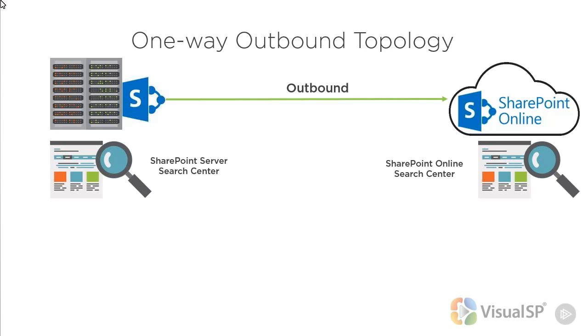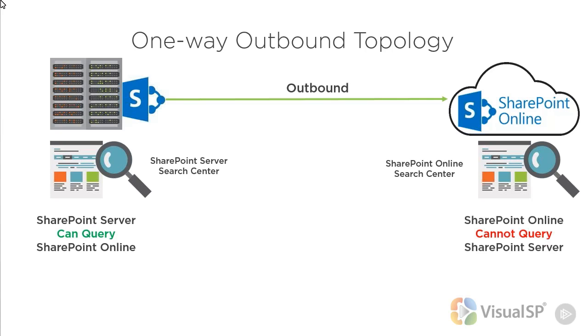In a one-way outbound topology, SharePoint Server on-premises can query SharePoint Online. However, SharePoint Online cannot query SharePoint Server. So if a user does a search in SharePoint On-Prem, they will see both SharePoint Online and SharePoint On-Prem results. However, if they do a query on SharePoint Online, they will only see SharePoint Online results.